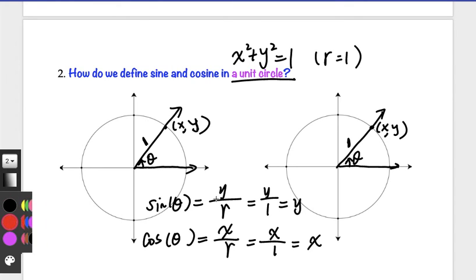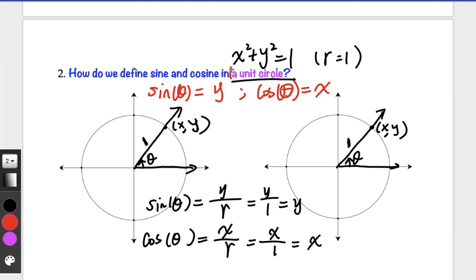The good part of the unit circle is that I can still use the original definition, but very luckily, I can simply say sine theta is y, cosine theta is x. That only works for the unit circle because the radius is 1. I don't need to worry about the radius. That's exactly what we mentioned before: I can just use the unit circle to define this angle so easily, and define these trigonometric functions.